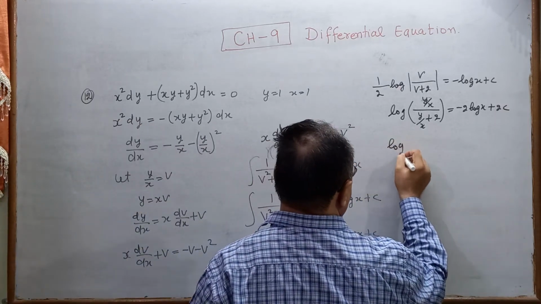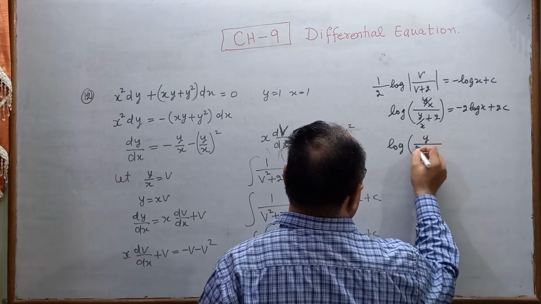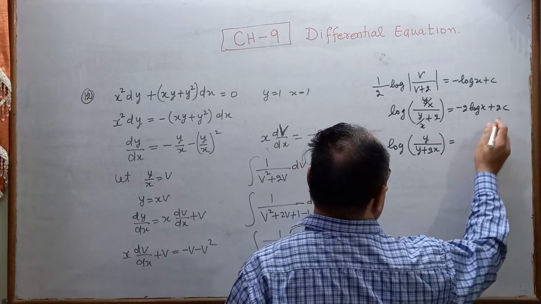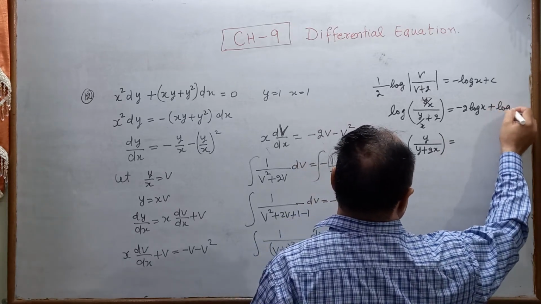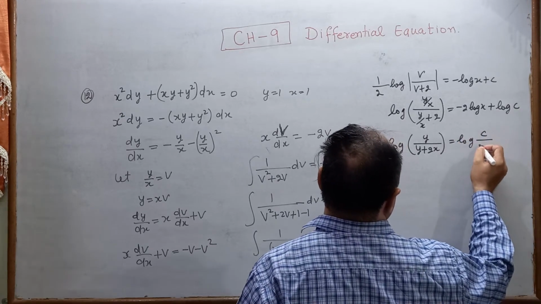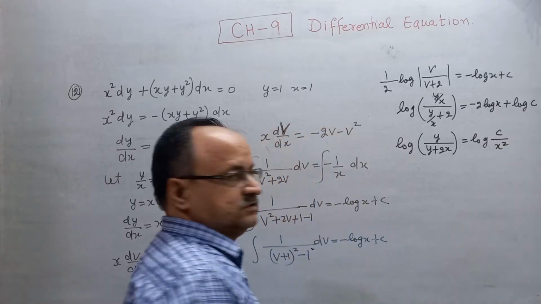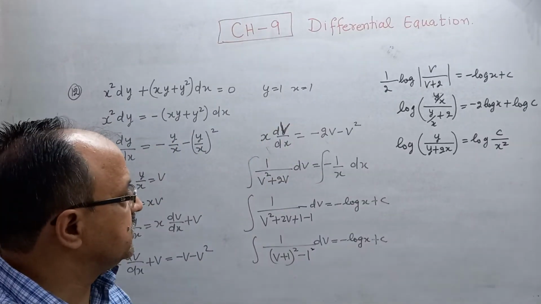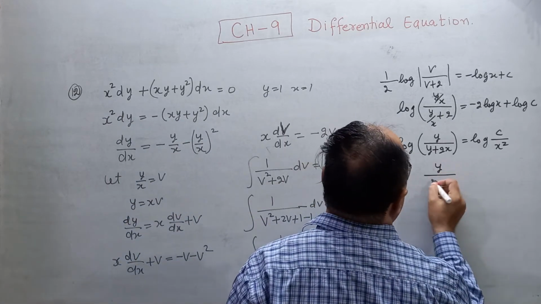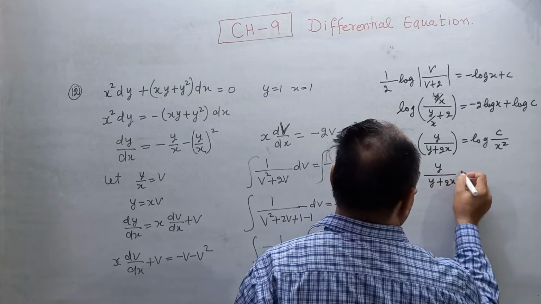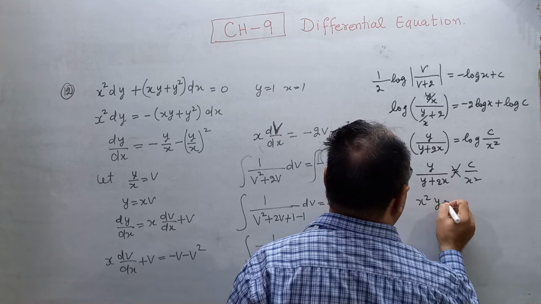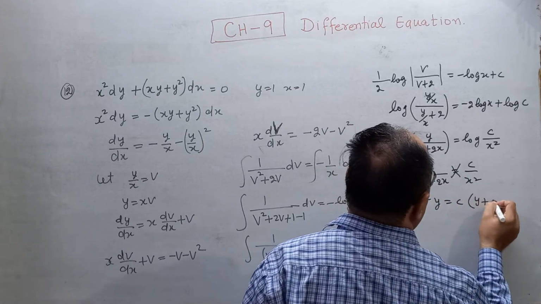When you simplify, it becomes y upon y plus 2x, and this is equal to, in this place you can write log c, it means log c upon x square. Correct? On comparing, y upon y plus 2x is equal to c upon x square. Cross multiplying, x square y is equal to c times y plus 2x.